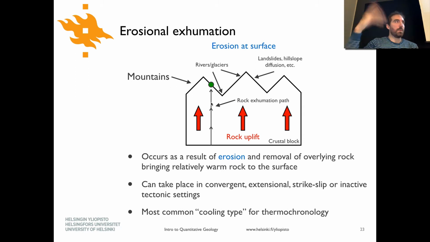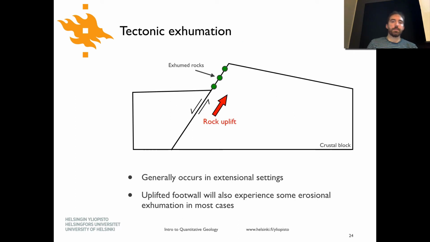So as the surface has been lowered, or as the rock above this parcel of rock has been removed by erosion, essentially you're just exposing rock at depth to the Earth's surface. And so in this case, erosional exhumation would cause this rock to move vertically up toward the Earth's surface. And that's what we're going to play with in the exercise for this week.